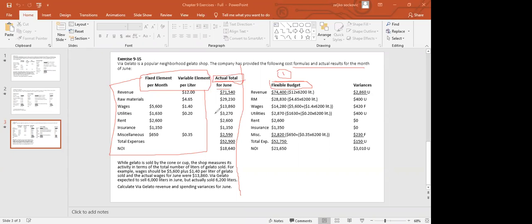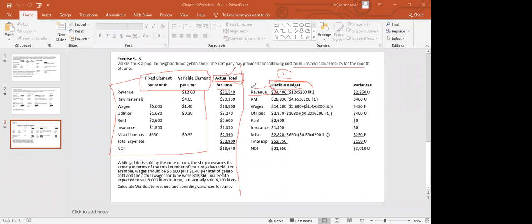That's your procedure. Leave this actual total for a moment alone, unless the activity is somewhere hidden in the actual total when you see the problem. But otherwise, leave it alone, because you don't need it until you need to compare things. Just create your flexible budget first.